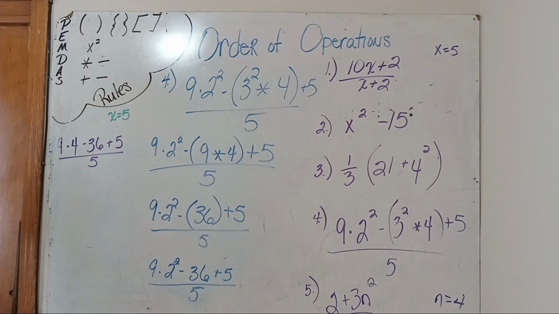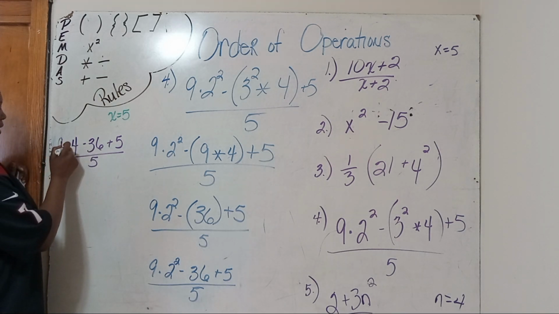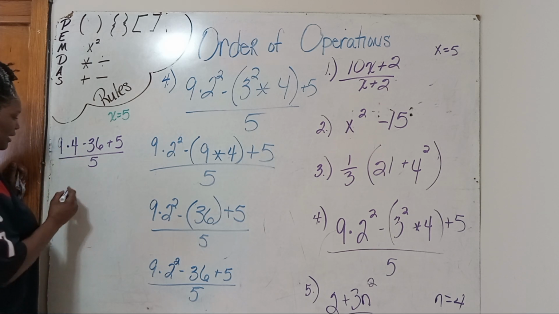All right? Excuse me. Y'all good? All right. So now we just working this problem. So we got 9 times 4. What's 9 times 4? 36.